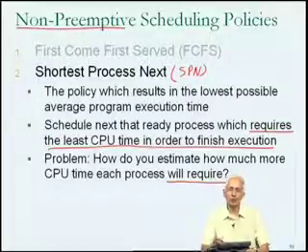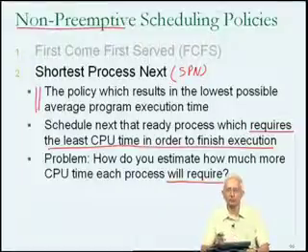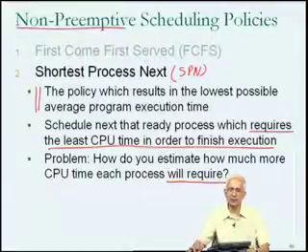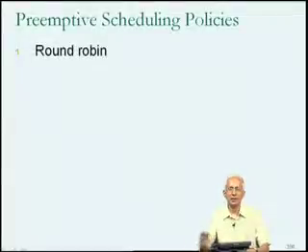But if one can overcome that problem, then shortest process next is a good policy because it has some good properties. But since we are not overly concerned about non-preemptive policies, let's quickly move forward and look at some preemptive scheduling policies. Now, one of the older and easy to understand preemptive scheduling policies is a scheduling policy called round robin.